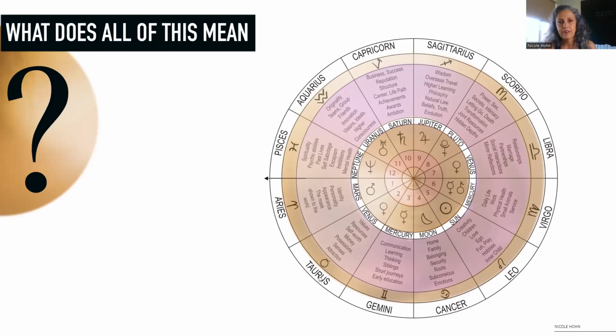So each of the 12 houses has a theme, a planet, sometimes two planets, and a sign also. Like I was saying, the first house is Aries and its planet is Mars, and it goes around the 12 houses in that way.